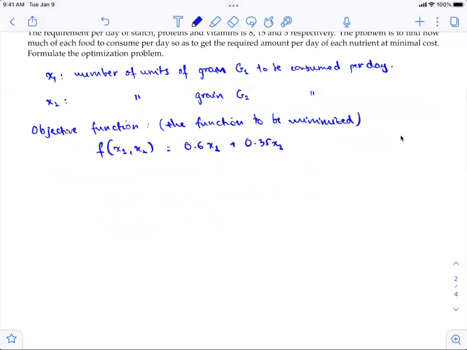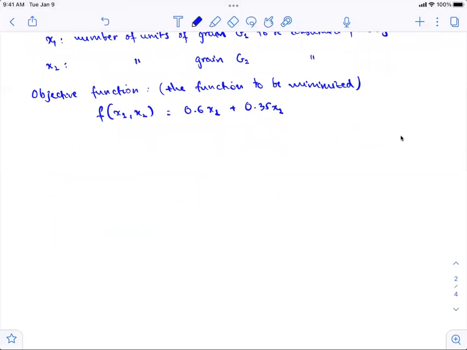So based on what conditions though? We want to minimize this function based on the following constraints. Right off the bat, you need to assume that x1 and x2 have to be greater than or equal to 0. x1 and x2 cannot be negative because that is the number of units of grain that you need to consume.